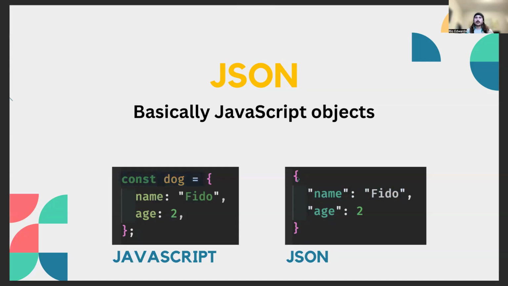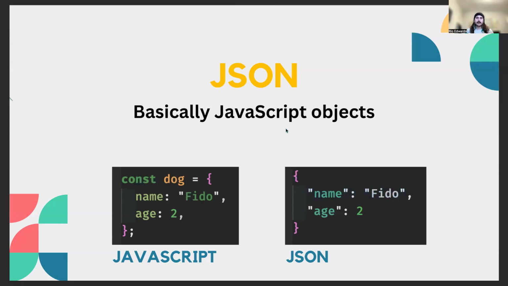There's this parent object that everything is inside of, and everything is just objects within objects or specific primitive values, like 2 and Fido, a string. And everything has to have quotes in JSON. So that's all that is.